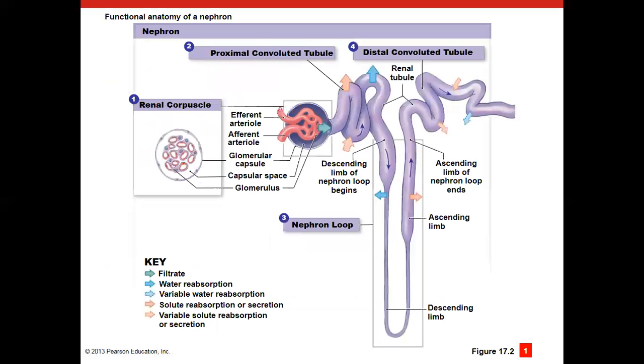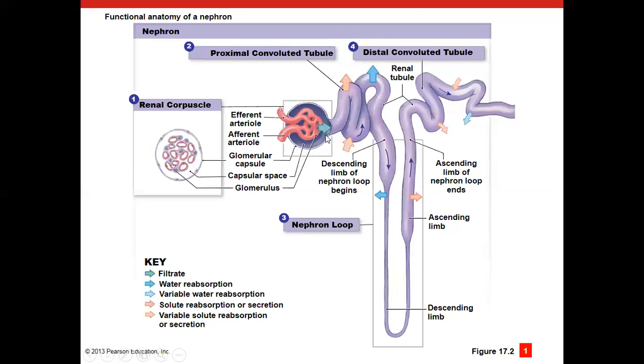So take a look here. So here's the renal corpuscle, one of two major components of the nephron. This is the glomerulus. So this little ball of capillaries, blood makes its way through this little ball of capillaries, and water and solutes leave into the capsular space and become filtrate. That's surrounded by the glomerular capsule.